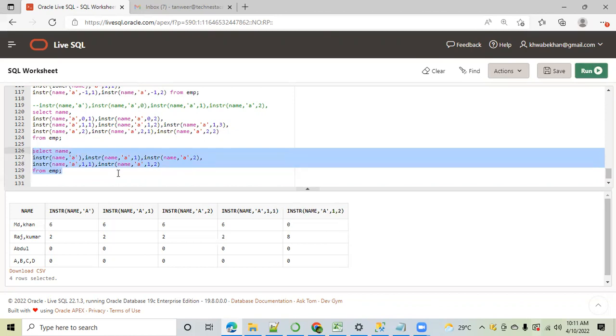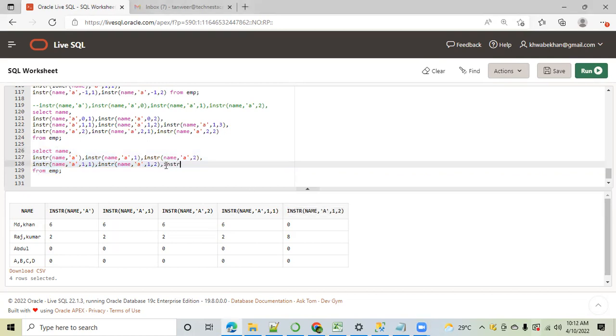Is this clear? This output, is this clear? Yes, if you forget about the third, it is clear. Nisar, Rishabh, clear? Okay.